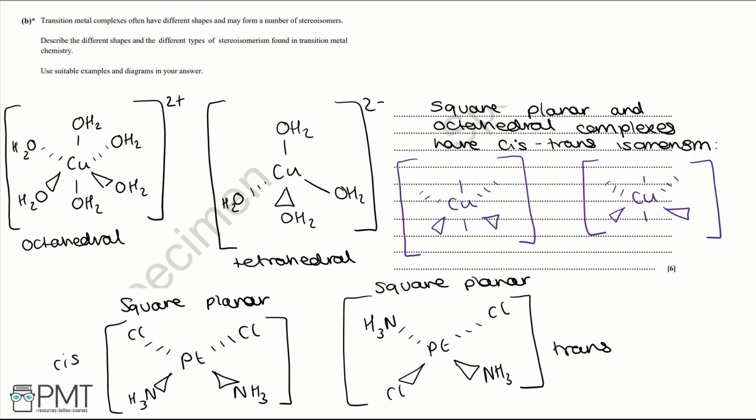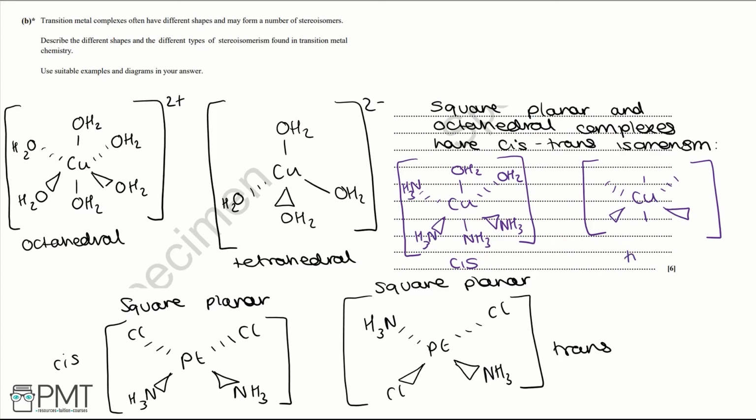So starting with our cis, we can have OH2, or water, on the same side, and then we need a different ligand for the rest of our complex. So this could be ammonia. So this is our cis arrangement because our water ligands are on the same side.